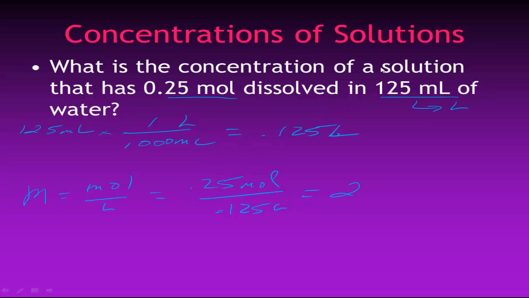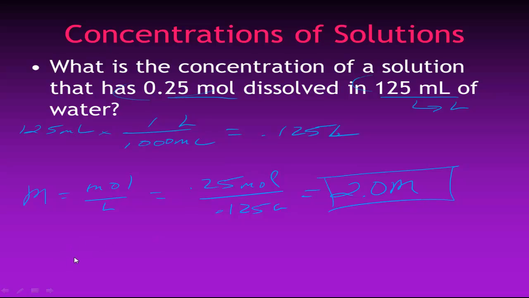And I look at my sig figs, and I've got 3 sig figs here in the 125, and I have 2 sig figs with 0.25. This is only 1 sig fig, so I need to add a 0, so 2.0 molar is the molarity of our new solution.